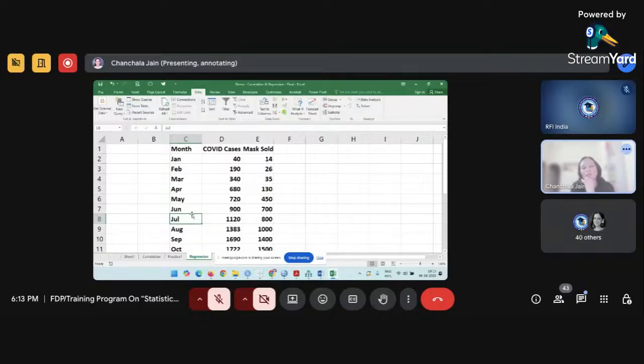Now, anyone who can tell me which variable you can take as dependent and which variable as independent? COVID cases is independent, and mask sold will be dependent.